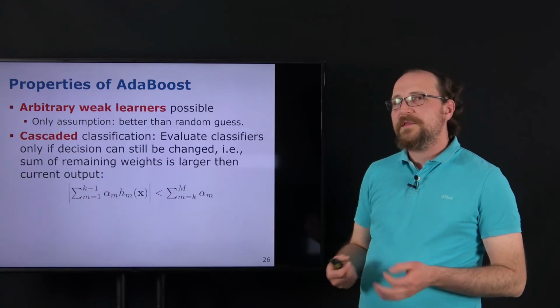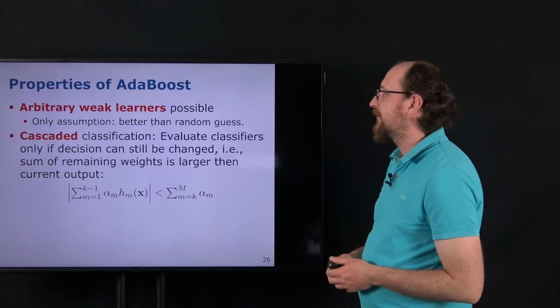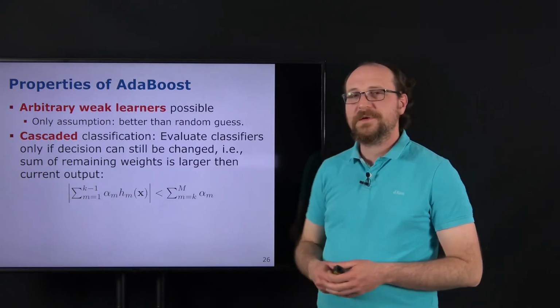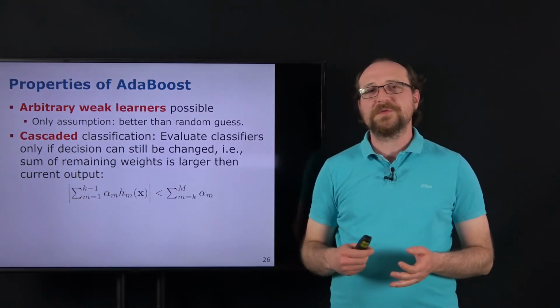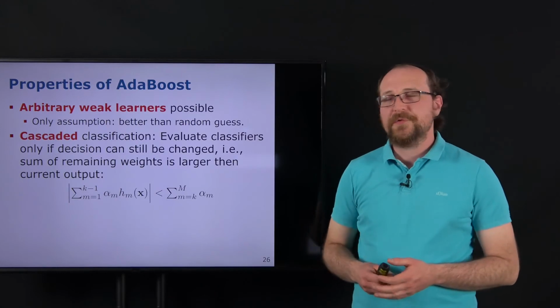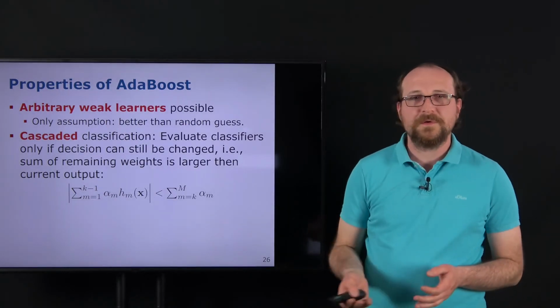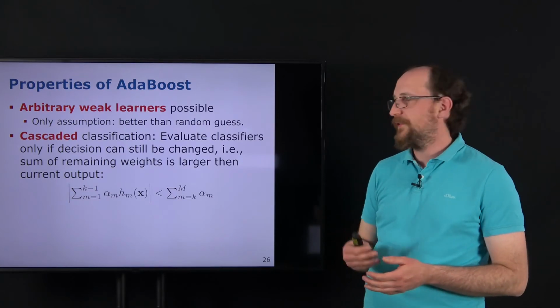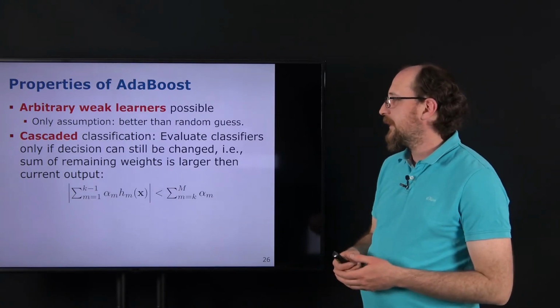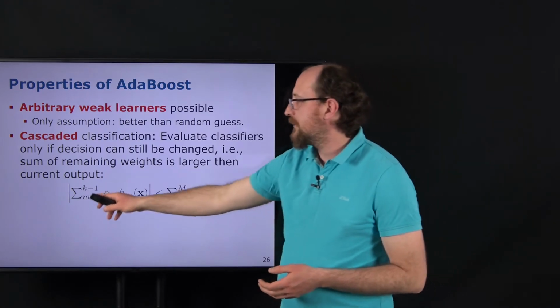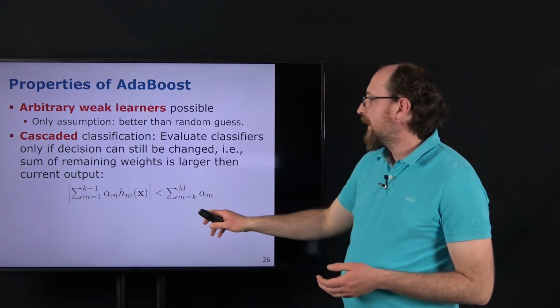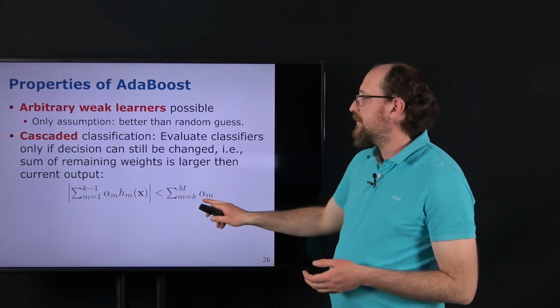And one other cool property of the AdaBoost approach is that it has the ability to use a cascaded approach. So that means we do not always have to evaluate all weak learners all the time, because at some point we will figure out that the prediction that we already made cannot be changed anymore.